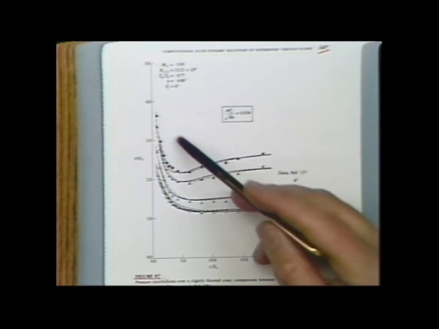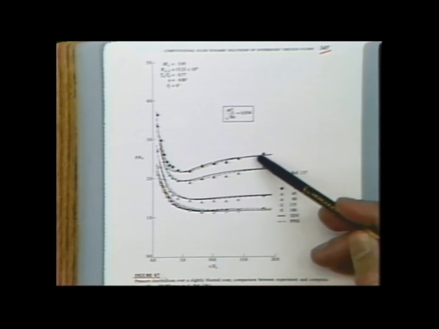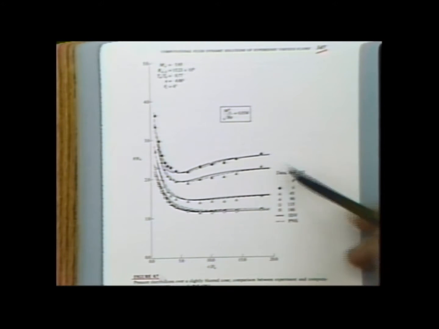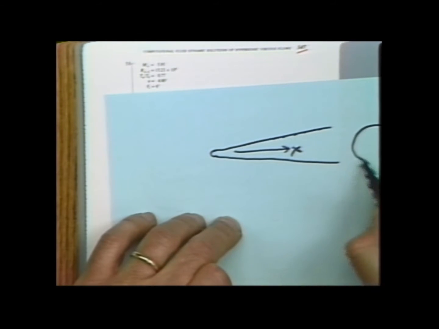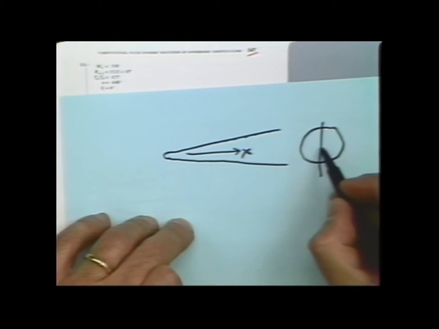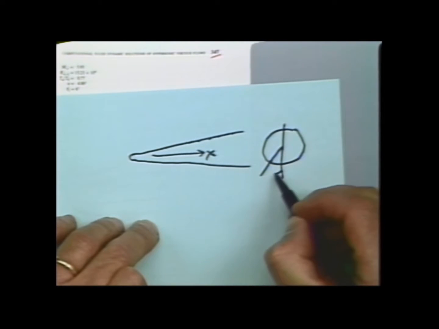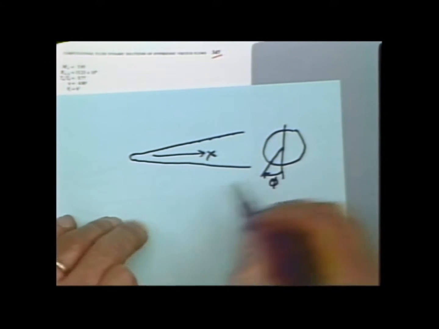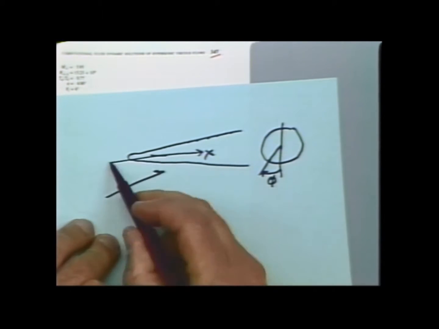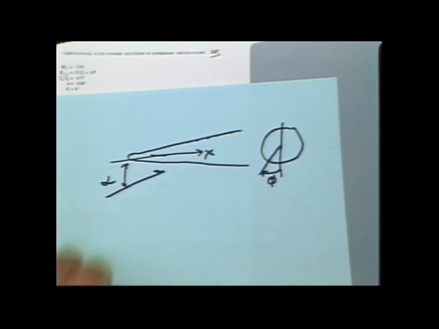Okay? Now if we go back to this figure, this is the pressure distribution on the windward surface at exactly the meridian plane where phi, and I'll draw in phi here, in this particular case, if this is the back of the cone, we're measuring phi in this direction, and the cone is at an angle of attack alpha.